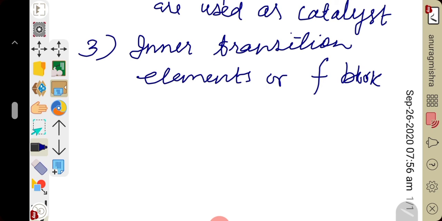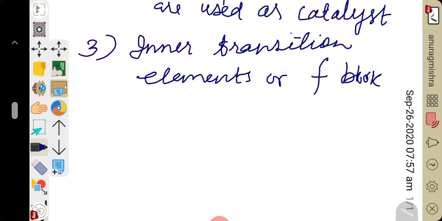They are the elements of 6th and 7th periods of group number 3, that is lanthanides and actinides, collectively known as inner transition elements. The elements of 6th and 7th period of group number 3 are known as lanthanides and actinides respectively.